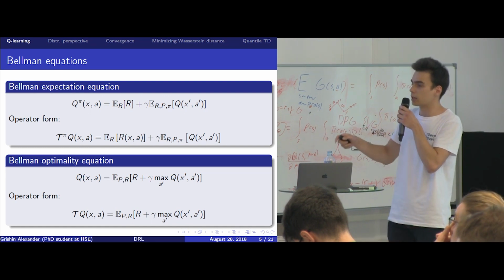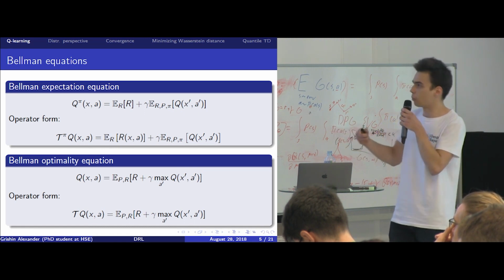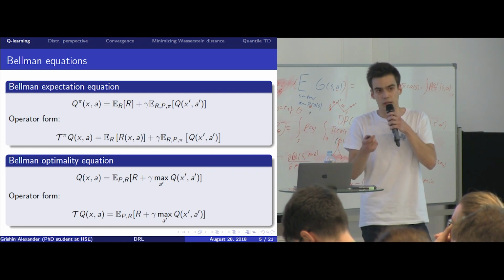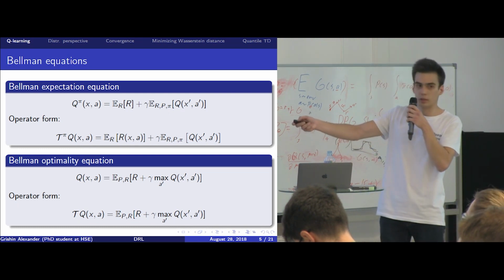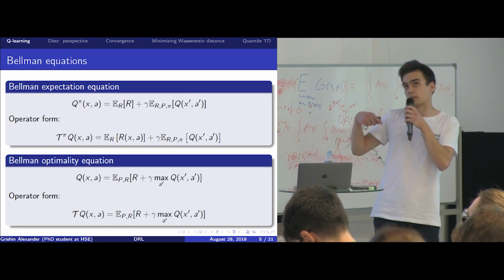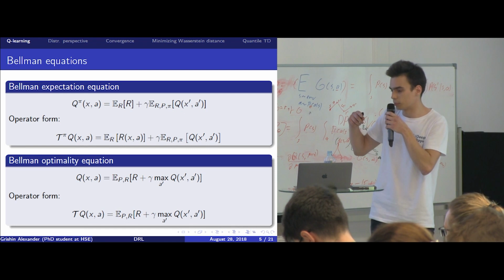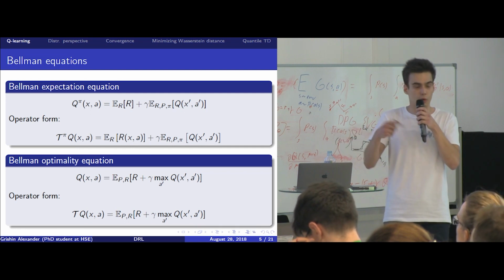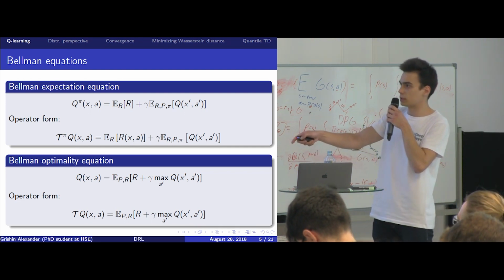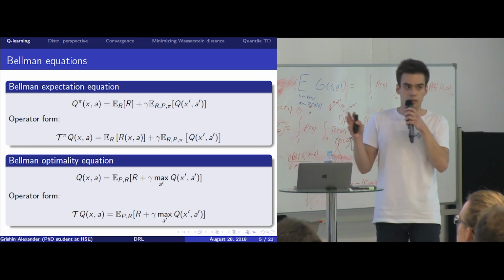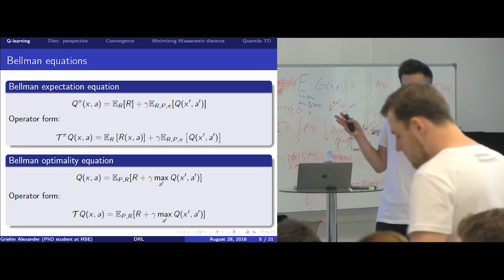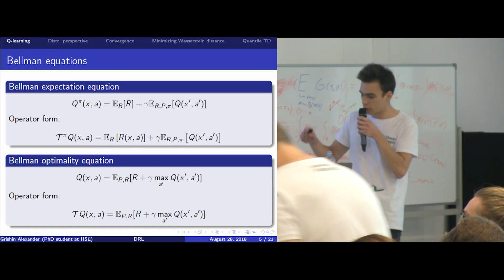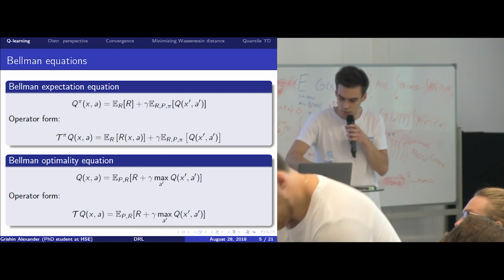And secondly, it iteratively improves our policy, because if we have some policy and the corresponding value function, then if we act greedily in this way, this new policy will be strictly better than the previous one. So this equation allows us to simultaneously refine and improve our policy. And Q-learning is based on this fact.